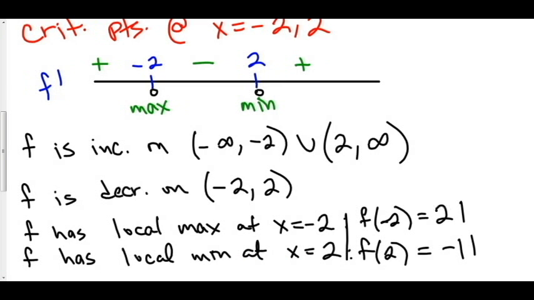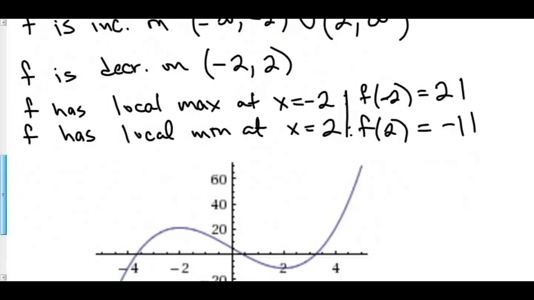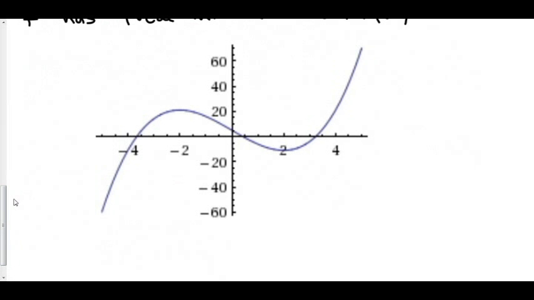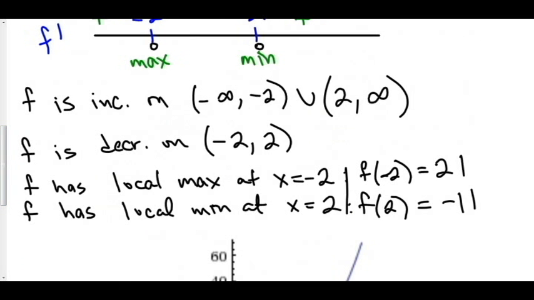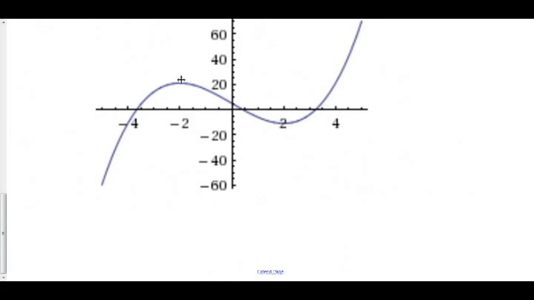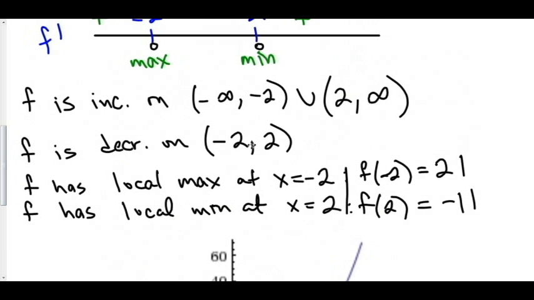We can even graph this function and see how all of this would look on the actual graph. Here's what this function looks like. Now f is increasing from negative infinity to negative 2, as we noted right here. And f is decreasing from negative 2 to positive 2, as we noted right here.